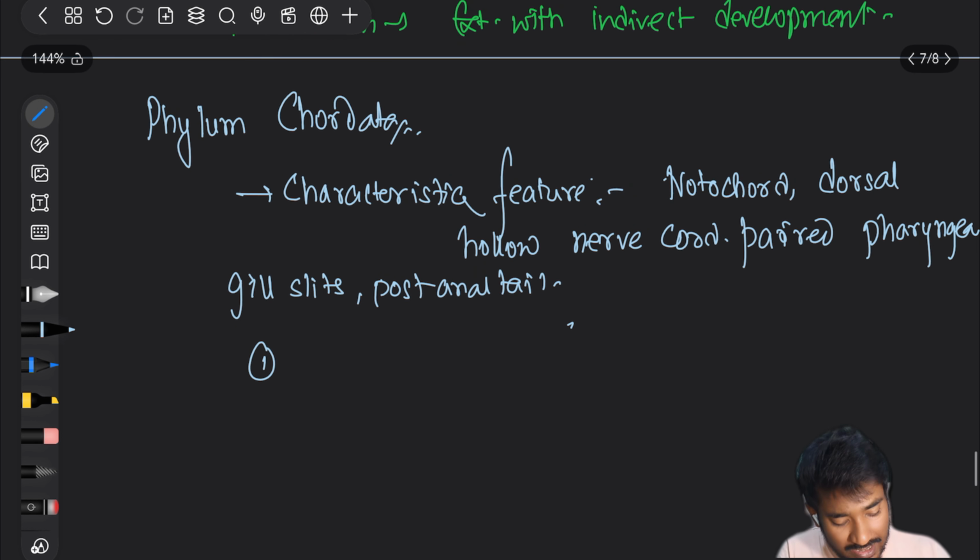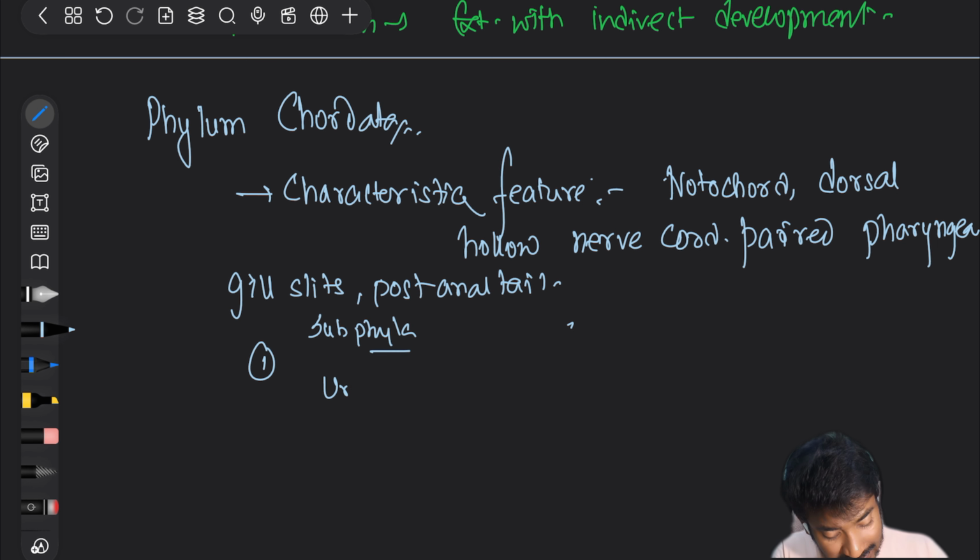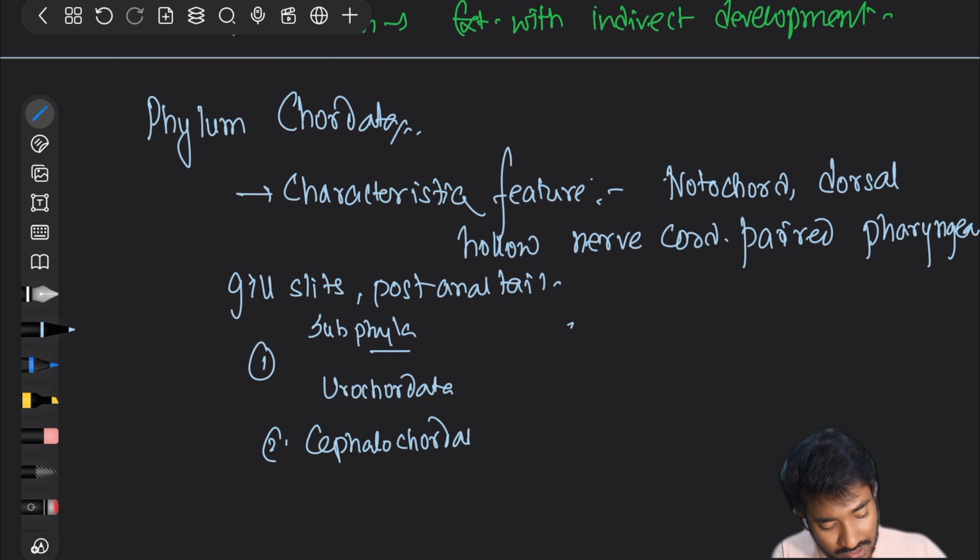It has three subphyla. One is Urochordata. The second one is Cephalochordata. Third one is Vertebrata.